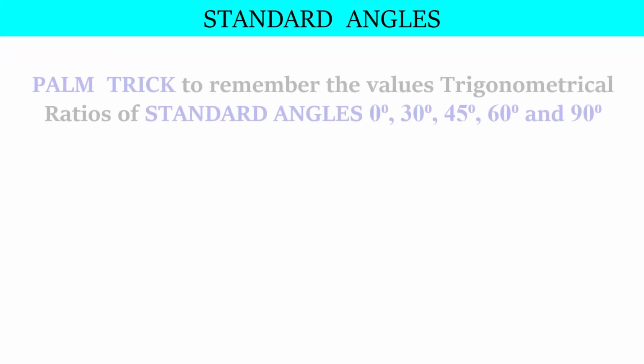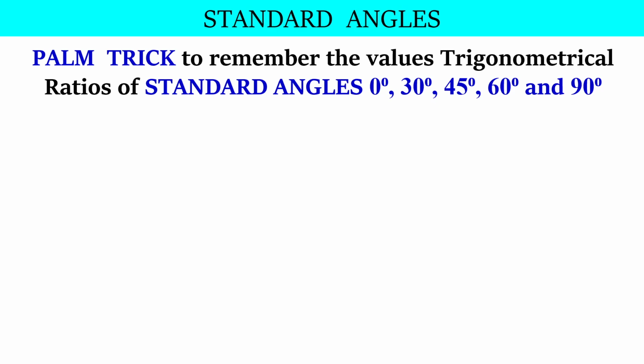Here we have the standard angles. Now we will understand today a trick. That means all the standard angles are on your palm. Just looking at the palm, you can understand the values of all the standard angles of trigonometrical ratios. These are the standard angles: 0, 30, 45, 60 and 90.